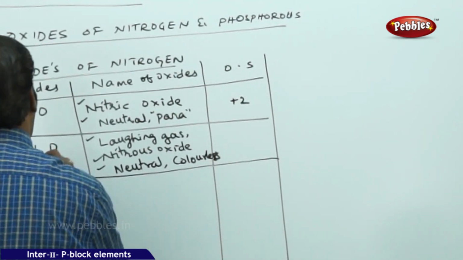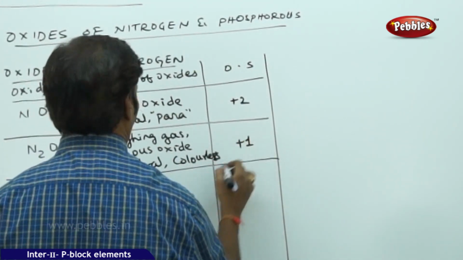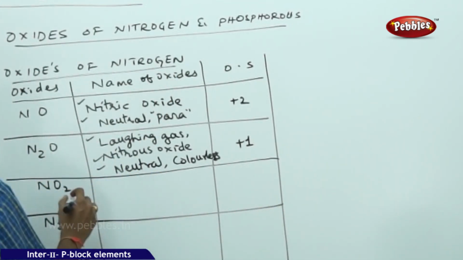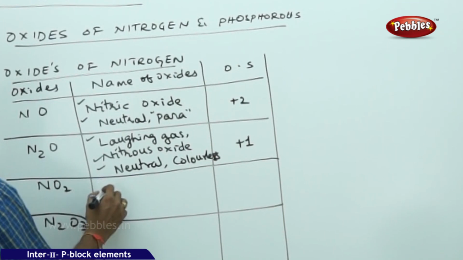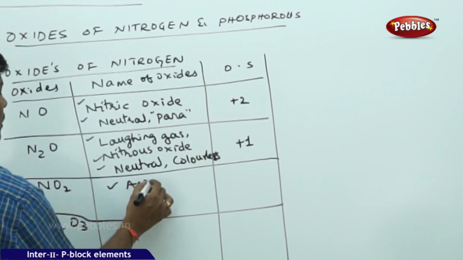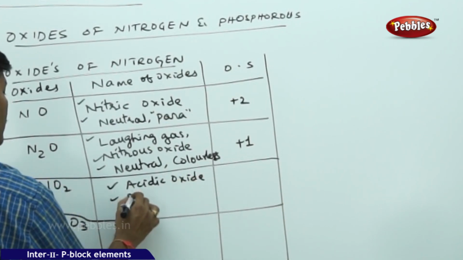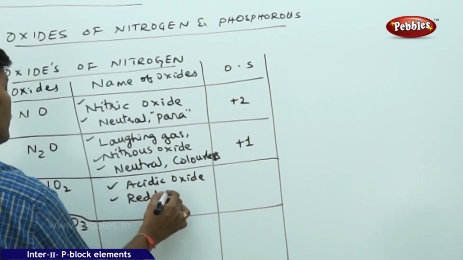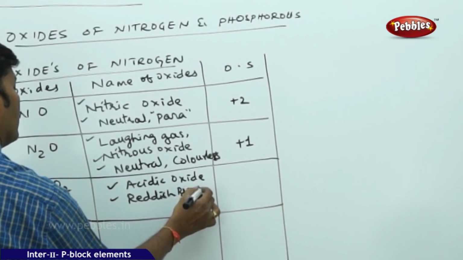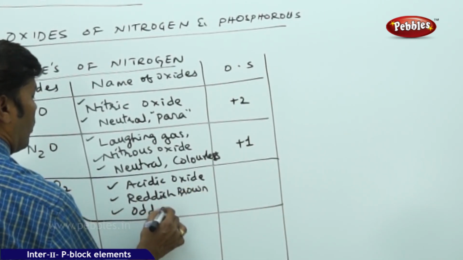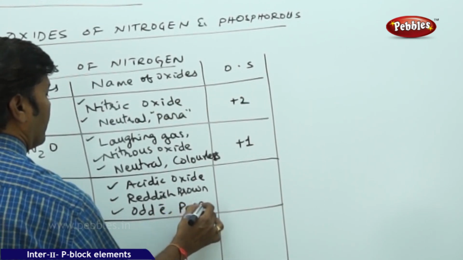Of course its oxidation state is +1. Then go for nitrogen dioxide. It is the only oxide which is acidic oxide. It is colored reddish brown. It has an odd electron nature and it is paramagnetic.